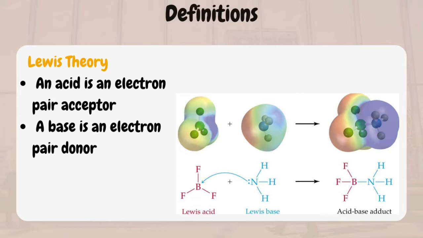Boron trifluoride can act as a Lewis acid and accept the pair of electrons from the nitrogen in NH3, which will then form a bond between the nitrogen and the boron. This is considered an acid-base reaction where NH3 is the base because it donates the pair of electrons to BF3, and BF3 is an acid because it accepts those electrons to form a new compound H3N-BF3.